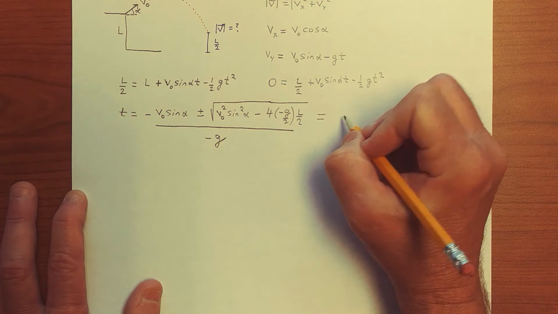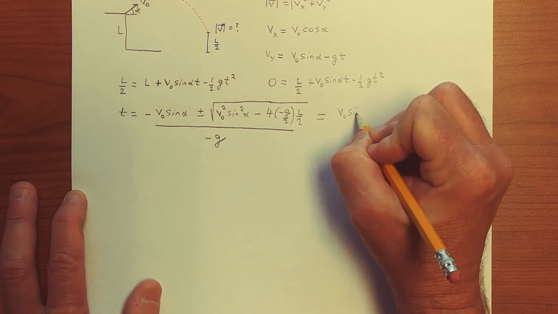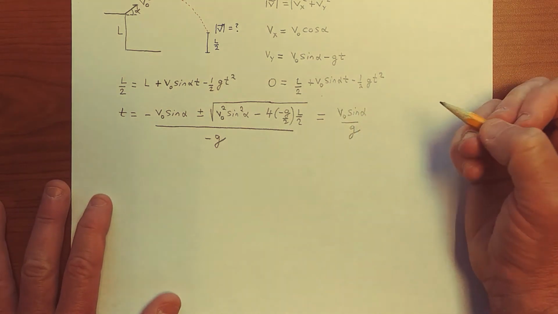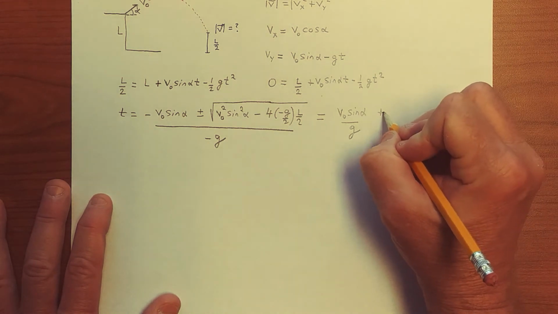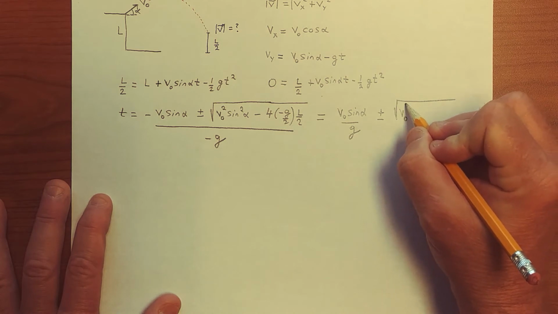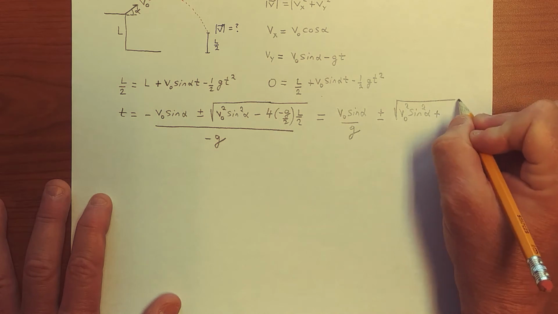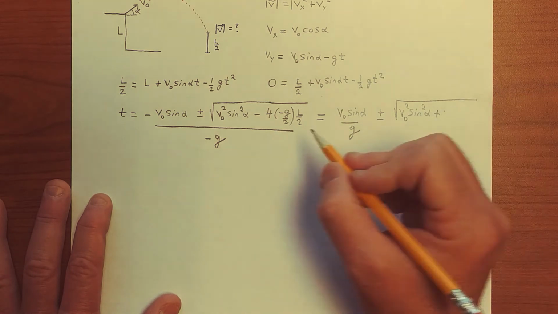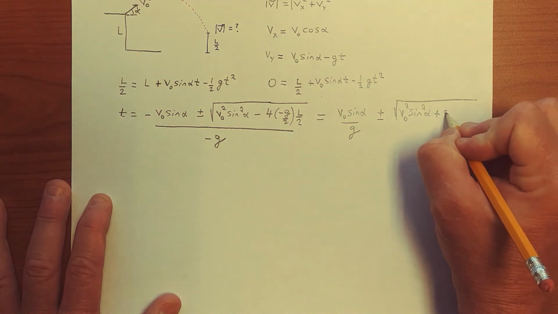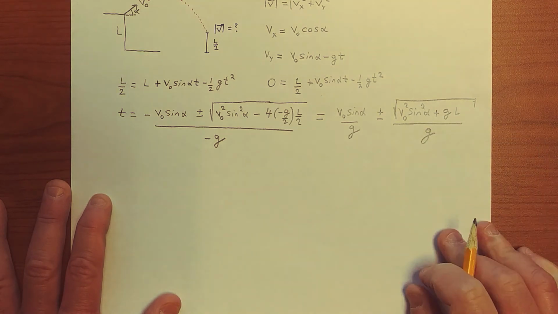And so we have a minus and a minus, that's a positive, so we have a V naught sine alpha over g term. And then we have to choose between two possible solutions, V naught squared sine squared alpha plus, the 4 here cancels with the 4 here, so we have plus g times L, and this is divided by g.